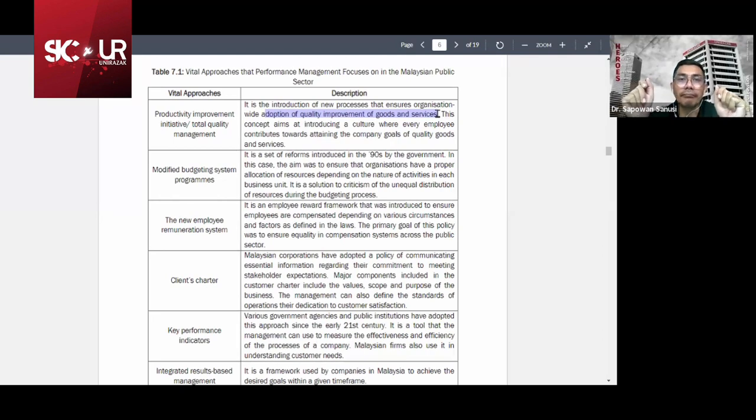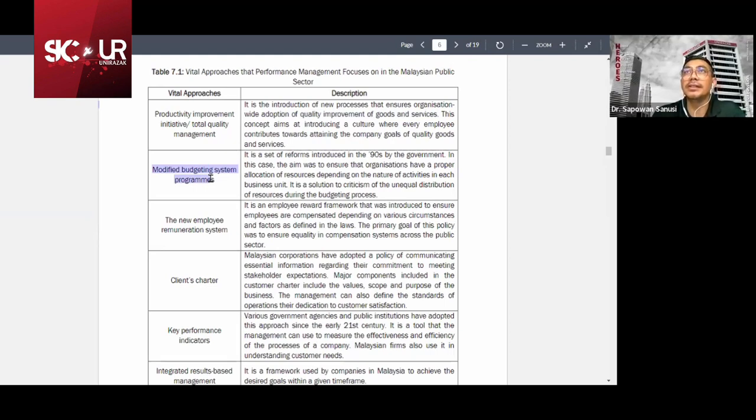Another approach of performance, why this approach is vital, is the modified budgeting system program. Contoh pada tahun 90s, the government aimed to ensure proper allocation of resources depending on the nature of the activity in the unit. For the modified budgetary system, now Malaysia is focusing on what? On building human resources toward high capacity, high-end fields.